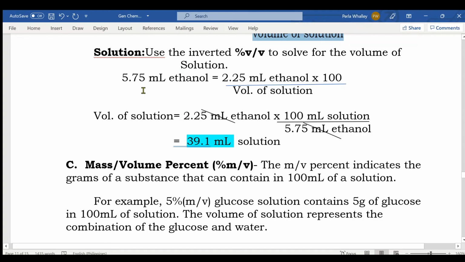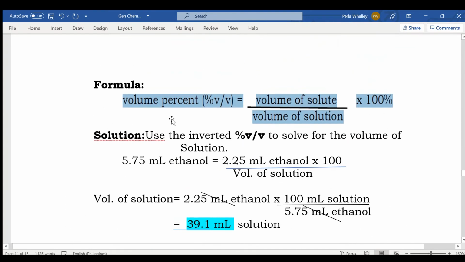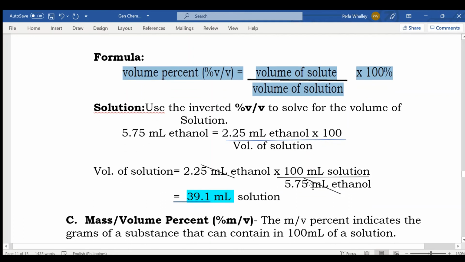So here, 5.75 ml ethanol, that is the volume percent, is equal to 2.25 ml ethanol, that is the volume of solute, times 100 divided by the volume of solution, which is the required. So we put the volume of solution on the left side of the equation, and the 5.75 ml of ethanol will be in the denominator on the right side.